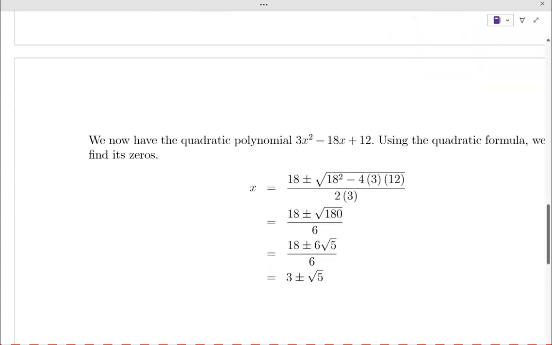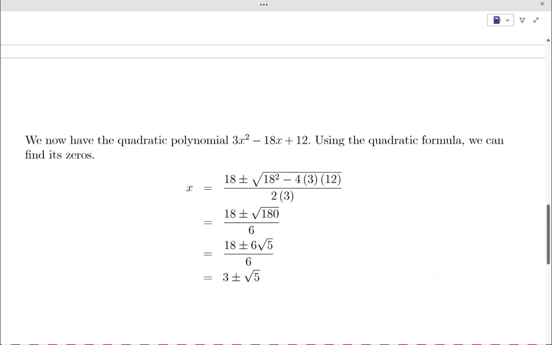And then the other 2 roots you can find using your quadratic formula, using the 3x squared minus 18x plus 12, or if you wanted to factor out a 3 first, you could do that too, and you run it through the quadratic formula either way. But you should get, if you simplify, the 3 plus or minus root 5. So you should have written them separately with the commas, but since there's plus or minus in there. But that was the answer to the last part.